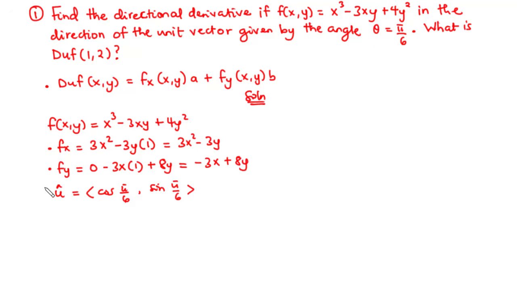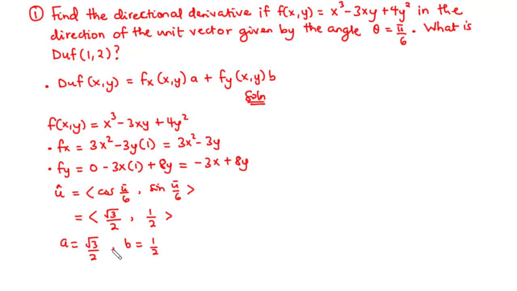Therefore, if you want to find the unit vector u cap, then basically that is equal to cos theta, comma sine theta. Therefore, we can evaluate this so that we have, now cos pi on 6 is the square root of 3 divided by 2, and then sine pi on 6 is half. So this is the unit vector. Therefore, we have a to be equal to root 3 over 2, and then b to be equal to 1 over 2.